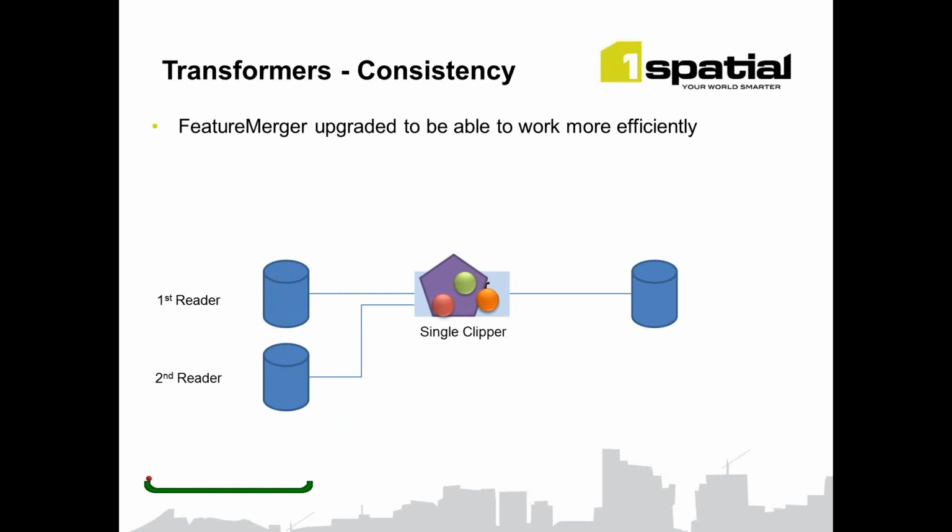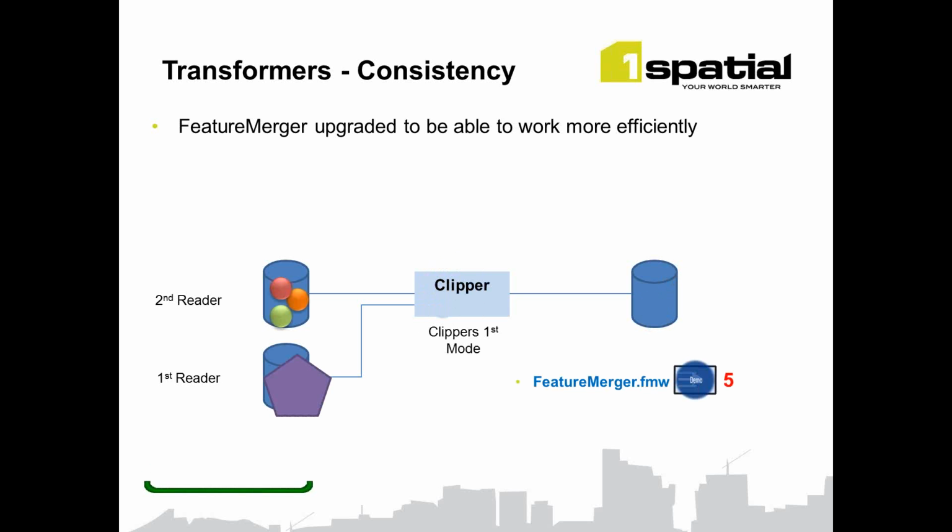So all that data is then held in memory, which can sometimes mean that you're using a lot of memory, and your process will be slower than perhaps if you alter the way your workflow is designed.